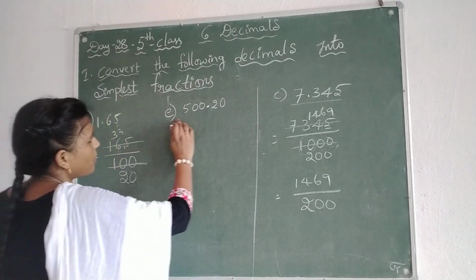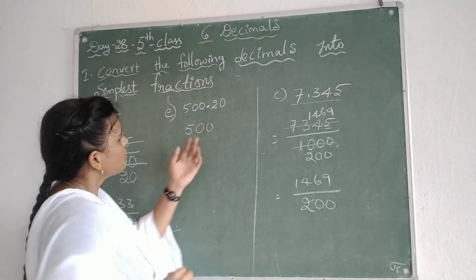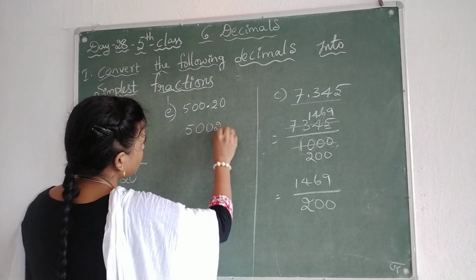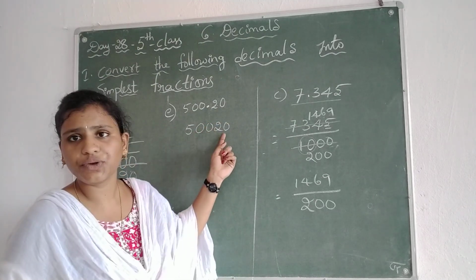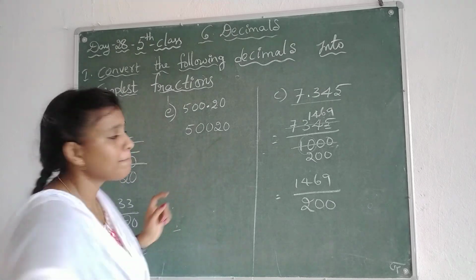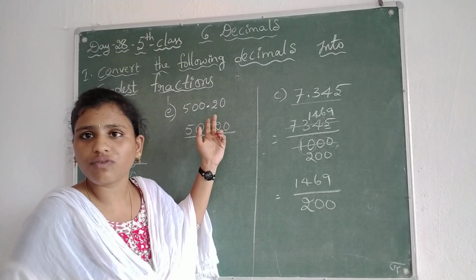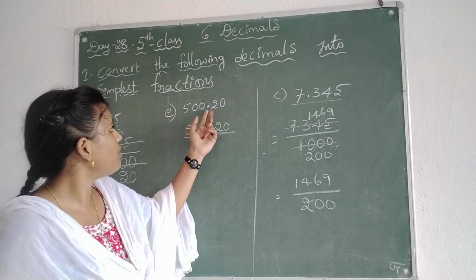Next, 500.20. So write it as a fraction. This is 500.20; without the point, you write the number, 50020. What is the denominator here? See, there are 2 digits after the point.